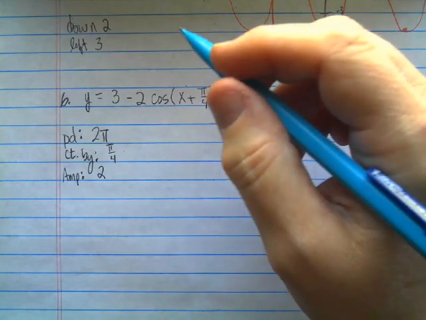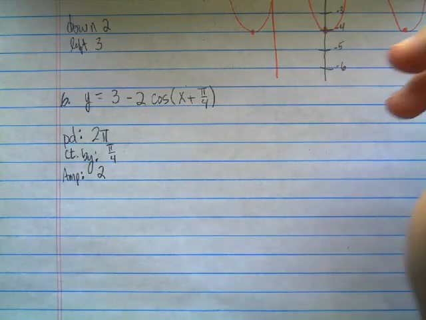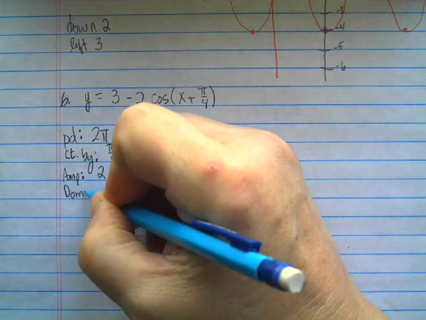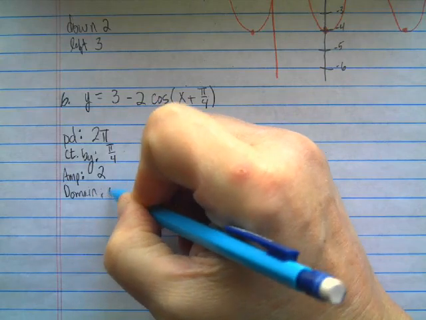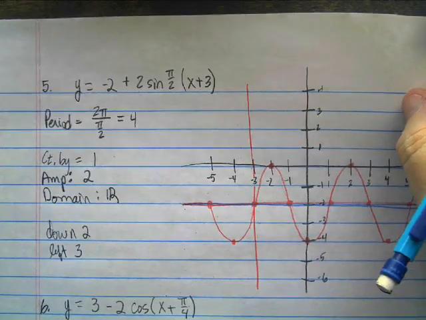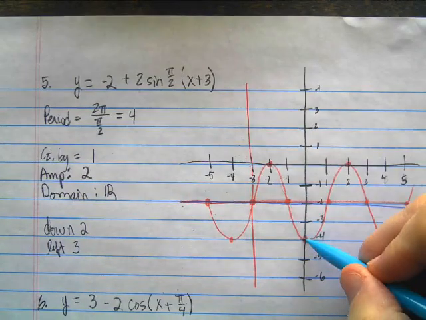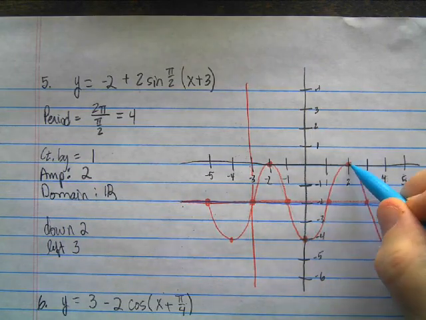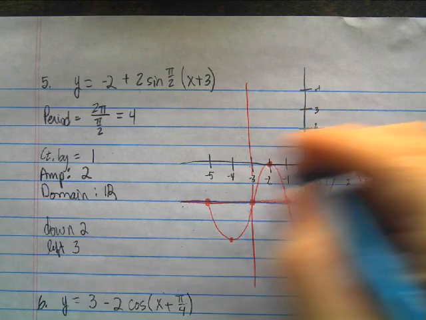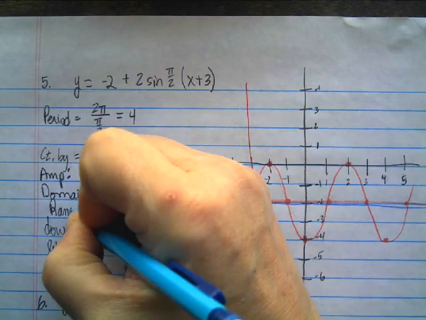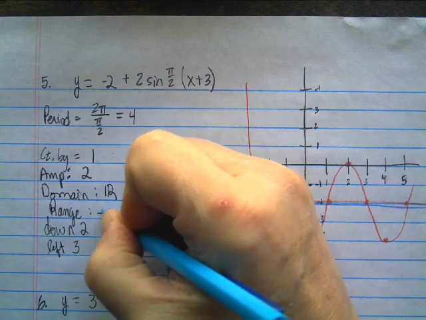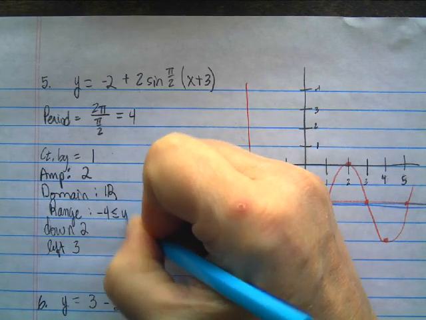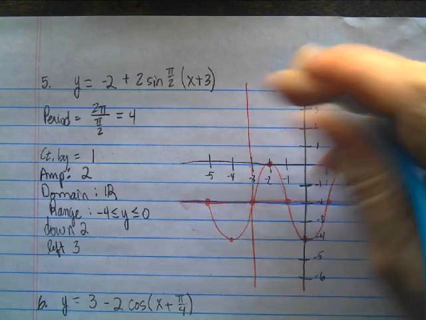And the domain is all real numbers. And I just realized I didn't tell you what the domain was up here. And it looks like my lowest point's at -4 and my highest point's at 0. So my range up here is -4 is less than or equal to y is less than or equal to 0.